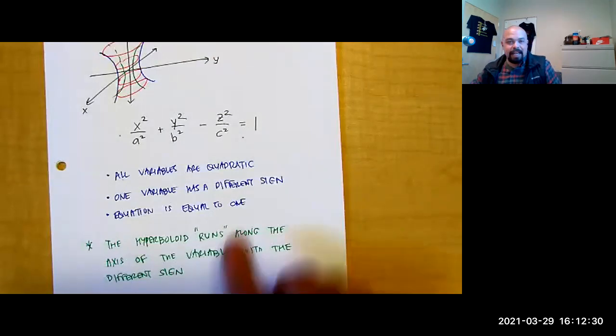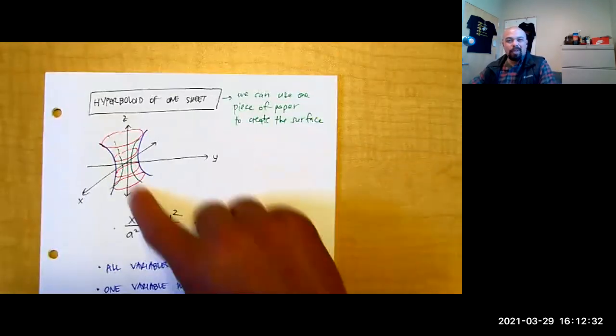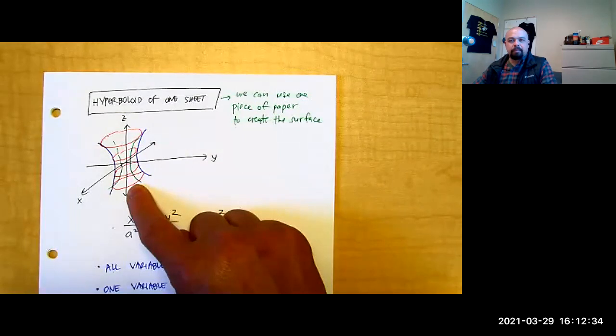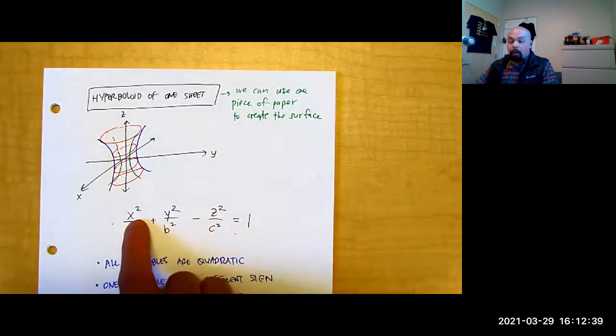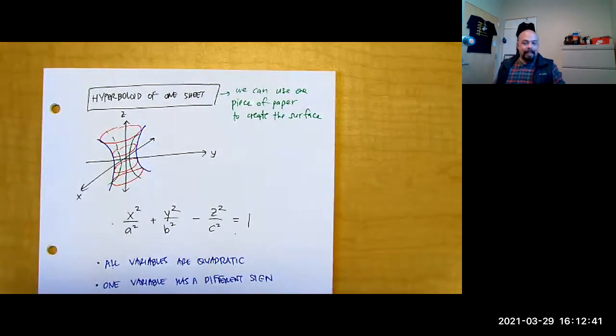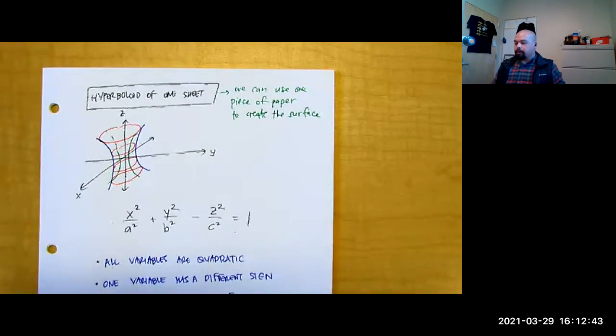Okay, so in this case, since it's a negative z, it opens up and goes along that z-axis. Had it been the x, then it would have been running along the x-axis.